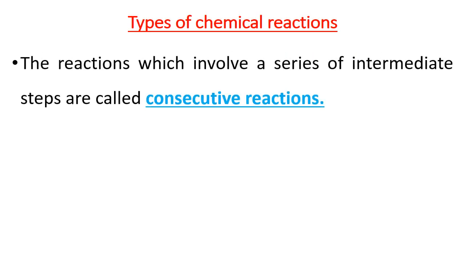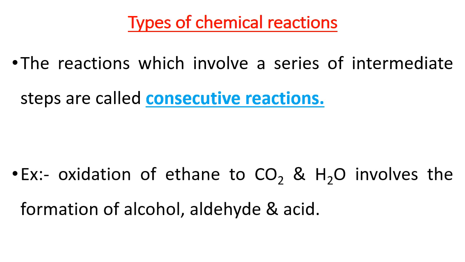The reactions which involve a series of intermediate steps are called conjugative reactions. For example, oxidation of ethane to carbon dioxide and water involves the formation of intermediates like alcohol, aldehyde, and acid. So, this is an example of conjugative reaction.